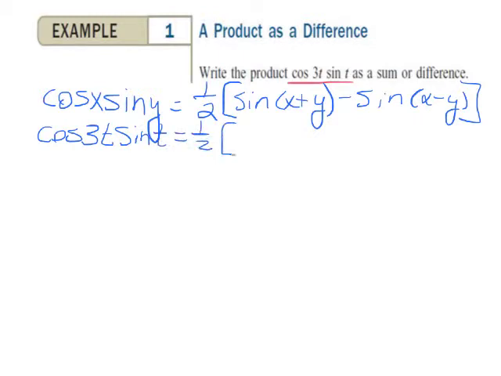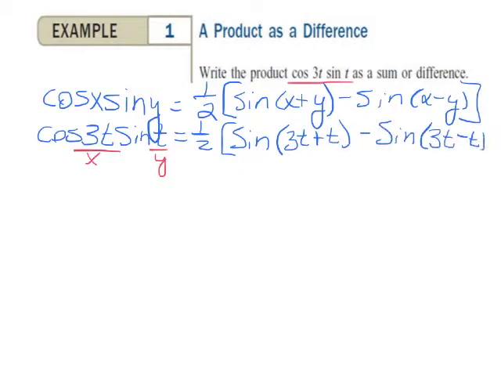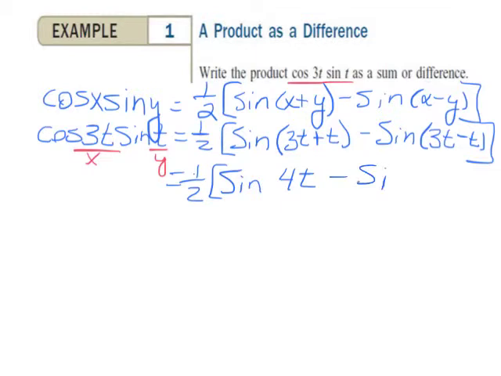So what we have is the sine of our first one here, our x, and this is going to be our y. So we've got the sine of 3t plus t minus the sine of 3t minus t. So what we end up with is 1/2 the sine of 4t minus sine 2t.